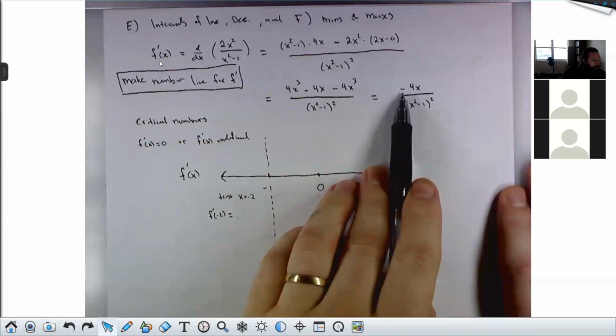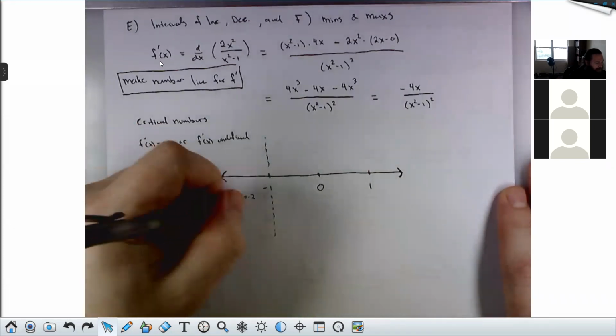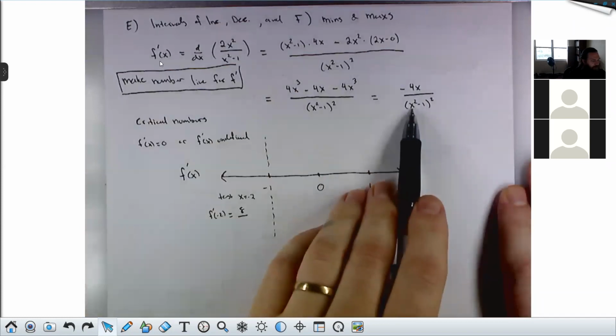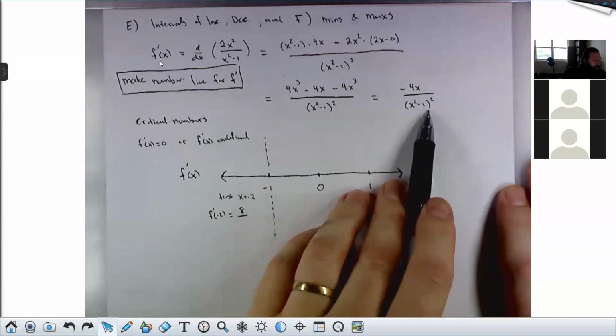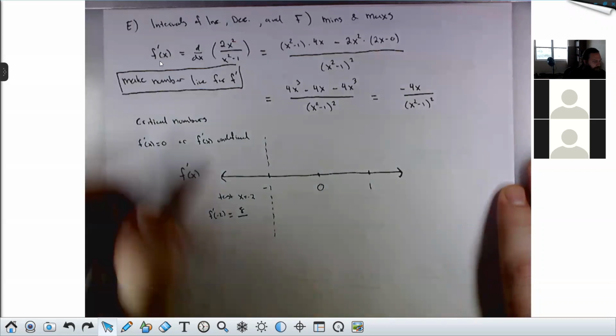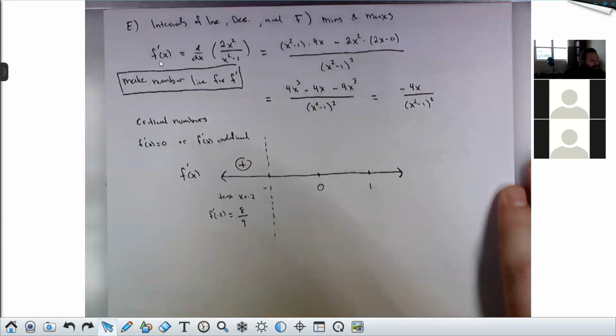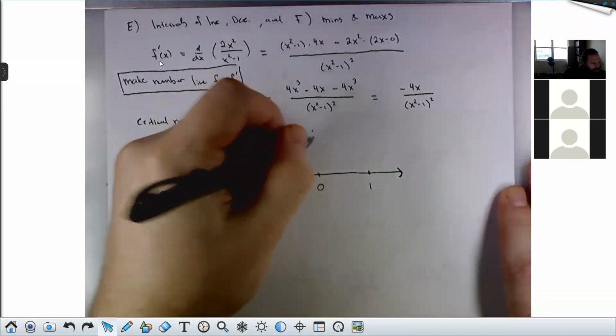That's going to be -4 times -2, which is +8, divided by -2 squared, which is 4, minus 1, which is 3, all squared, which is 9. So in particular, this is positive.